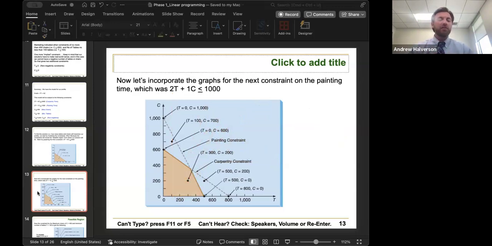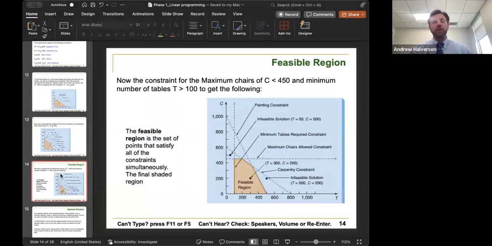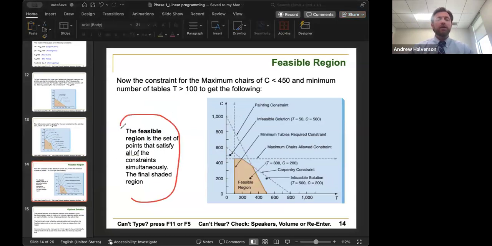So what does it look like? Here's what it looks like. This is called the feasible region. The feasible region. This is the set of points, the region that satisfies all the constraints simultaneously at the same time. Okay, why do we want to do it? Well, if you take notice here, notice these lines, they intersect, okay?